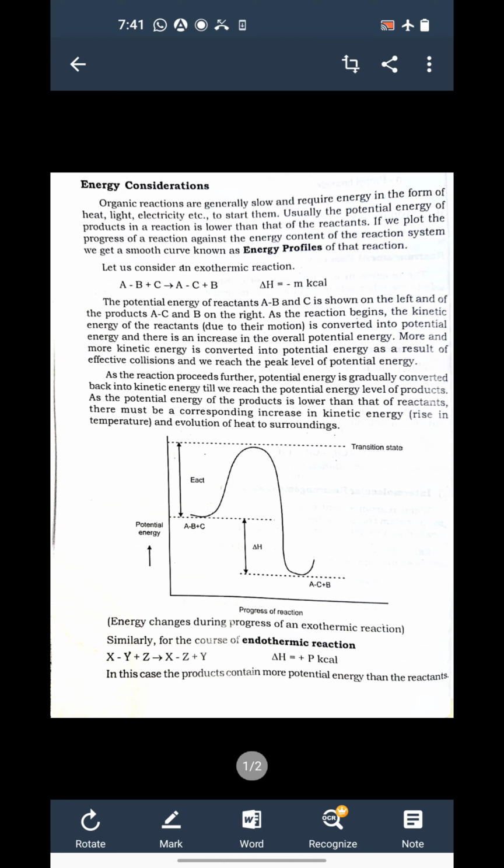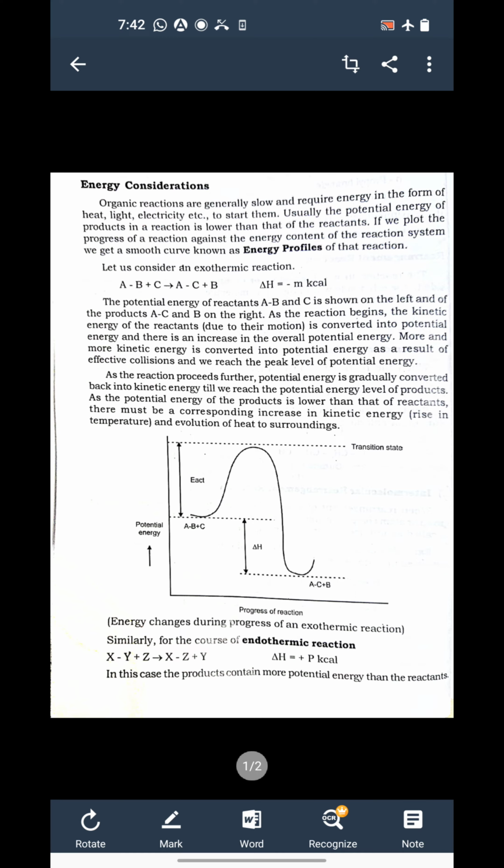So what about the energy consideration of these two kinds of reactions? First of all, what is an energy profile diagram? If we plot the progress of reaction on the x axis and the energy content of the reaction on the y axis, we get a smooth curve, and that smooth curve is called the energy profile diagram for that reaction.